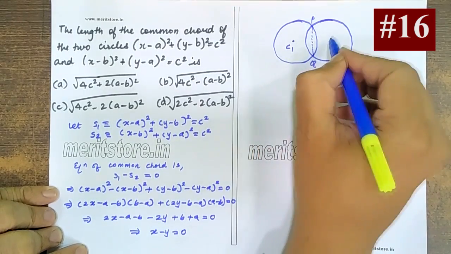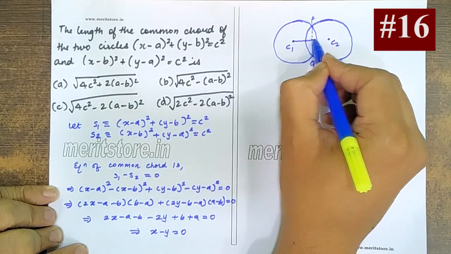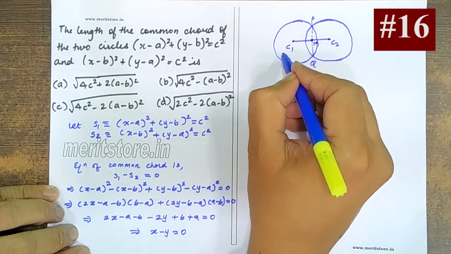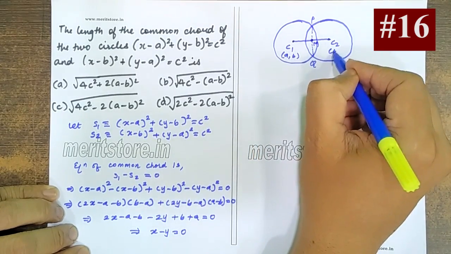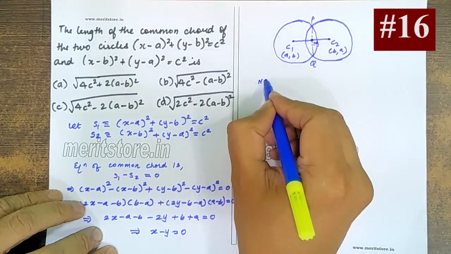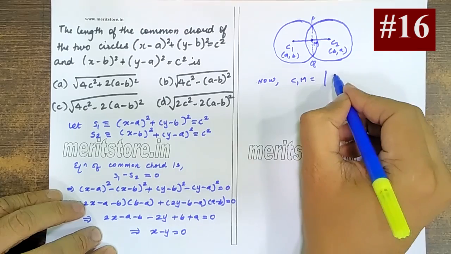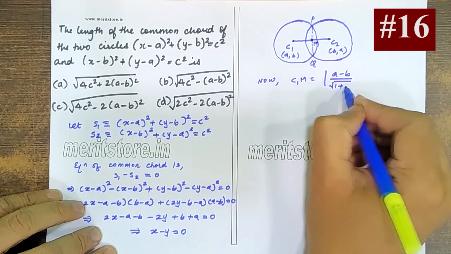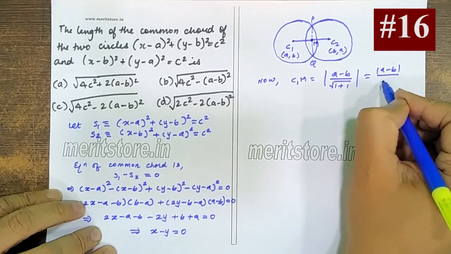Let C1 be the center and C2 be the center of the two circles respectively, and let this point be M. So coordinates of C1 will be (a, b) and coordinates of C2 will be (b, a), that are nothing but the centers of the circles. Now length C1M will be equal to (a minus b) upon under root of 1 square plus 1 square, which is equal to (a minus b) upon root 2.